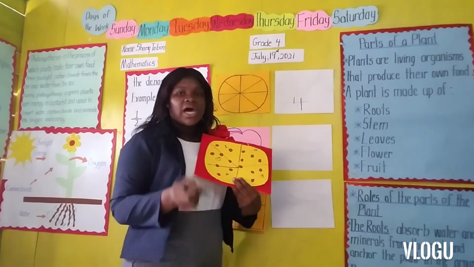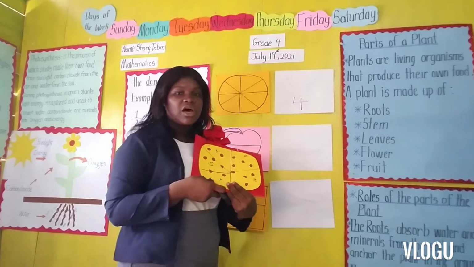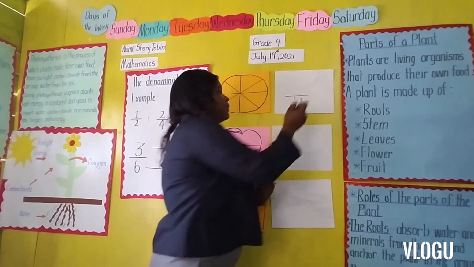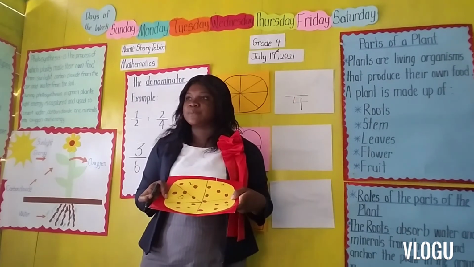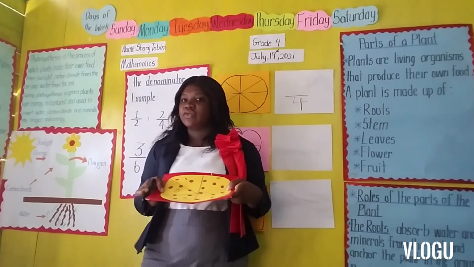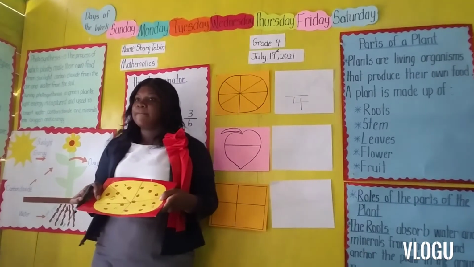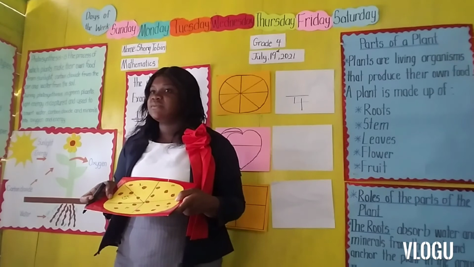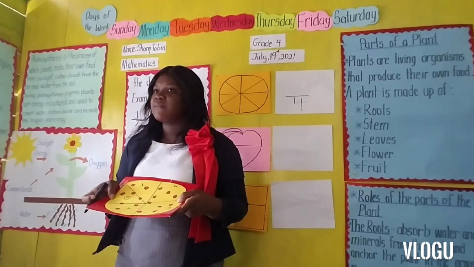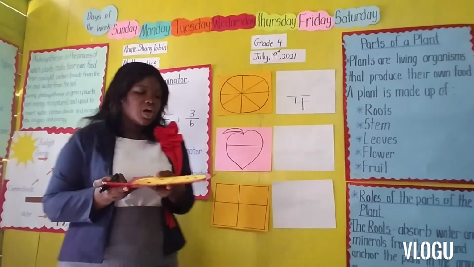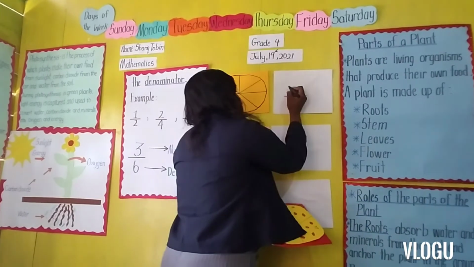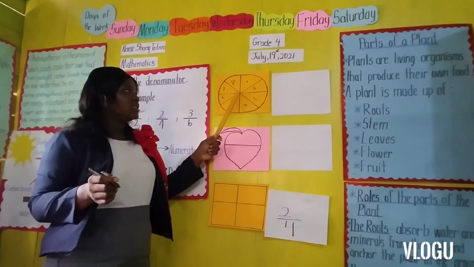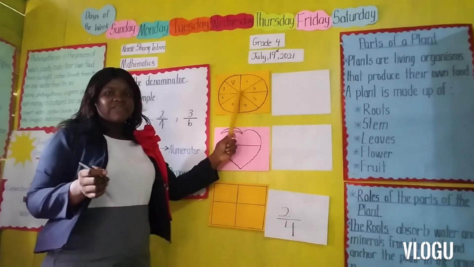And the numerator, how many pieces? Remember we said that the numerator is the amount being taken away from the whole. So how many pieces would be the numerator? 2. Very good. 2 pieces.